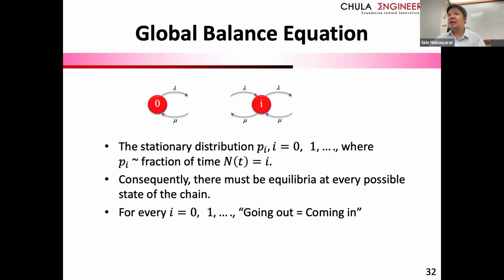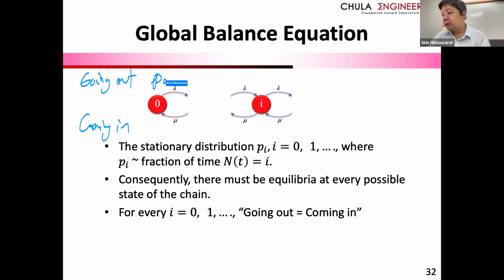Remember, lambda is a transitioning rate, right? But I have to account for the native rate of being in zero, right? So in this case, let me say going out is upstairs, and coming in is downstairs. For the zero state, what should be the total frequency going out?